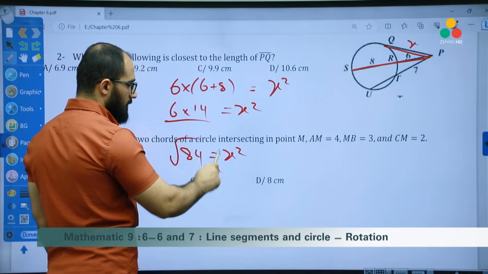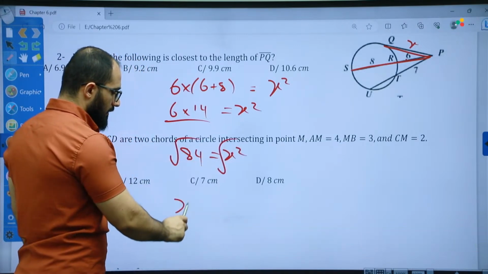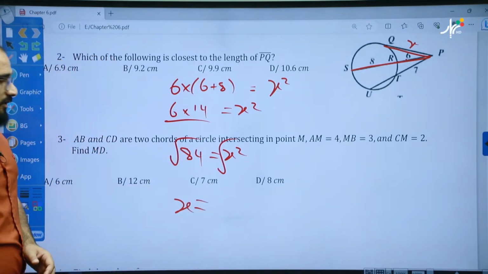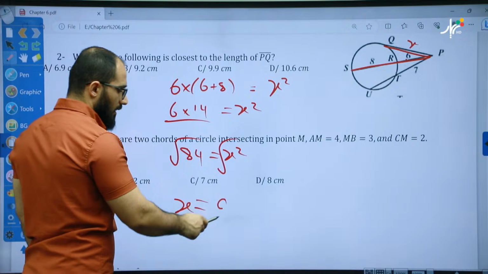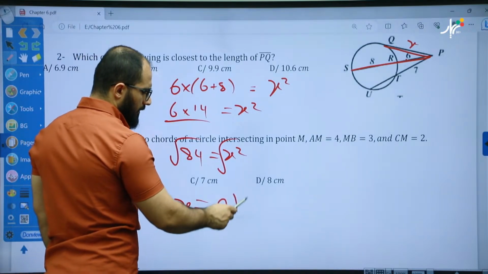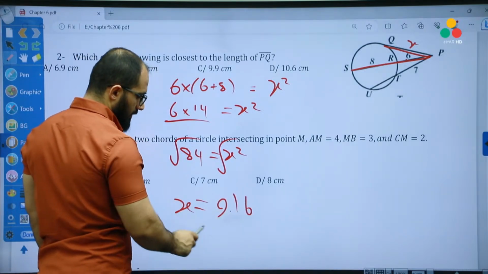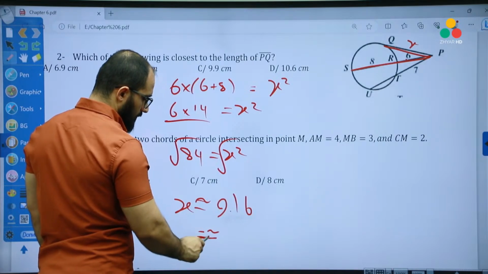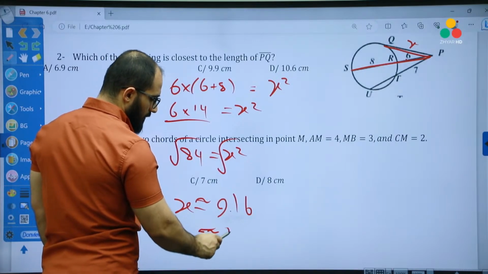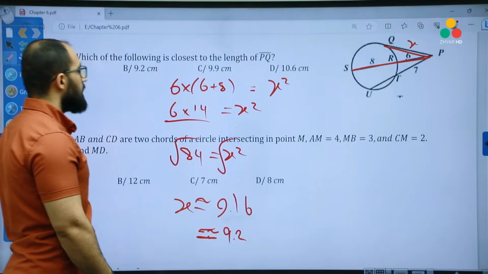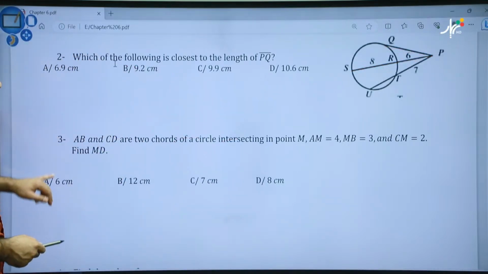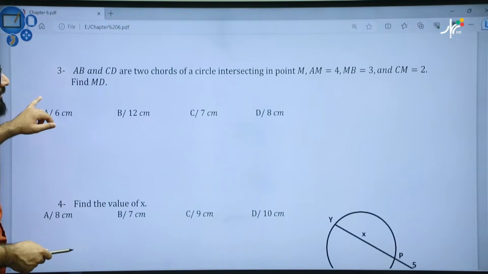If you want to find the square root of both sides, then x is equal to the square root of 84, approximately 9.16, but then it's going to be 9.2. The correct answer is 9.2.